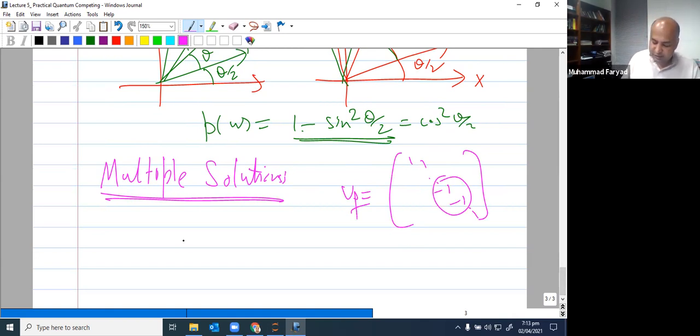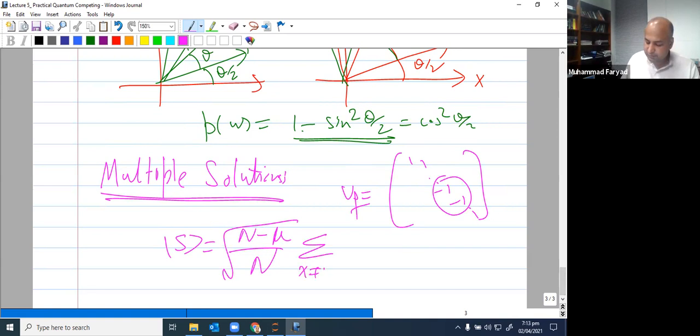So in this case, our S state can be written as, let's say there are some mu number of solutions, and we have to sum over i from 1 to mu, and there's this Wi. So now there are mu solutions. So I can write all these Wi states over here, and this would be the square root of mu over n.